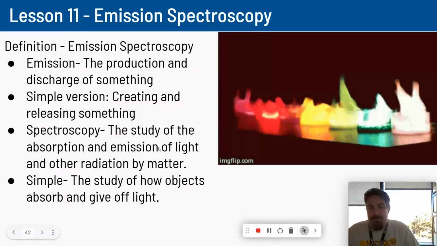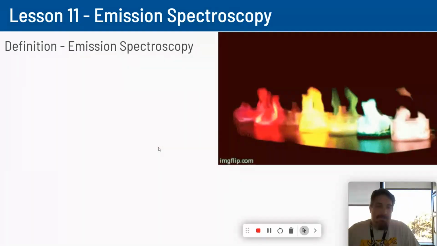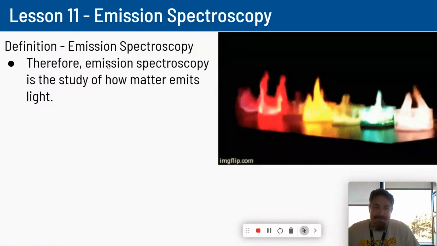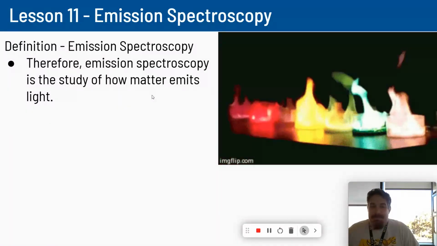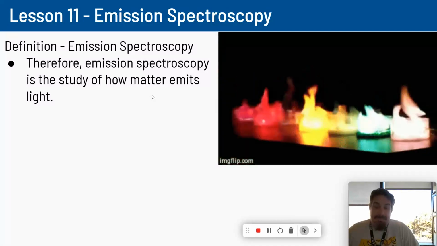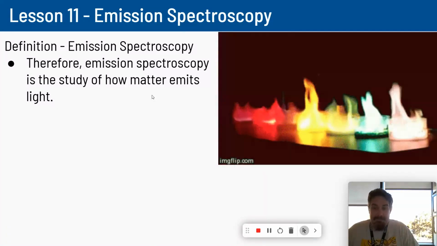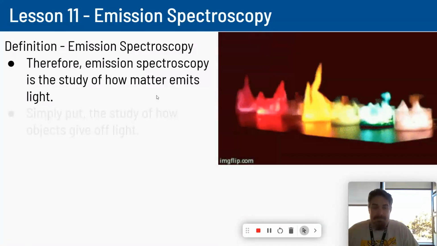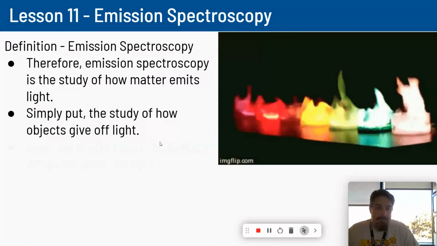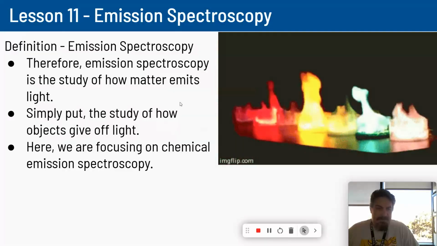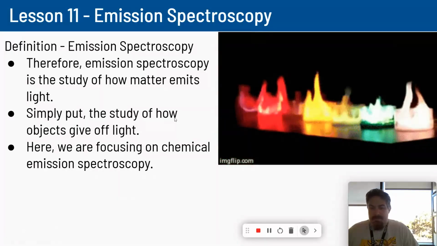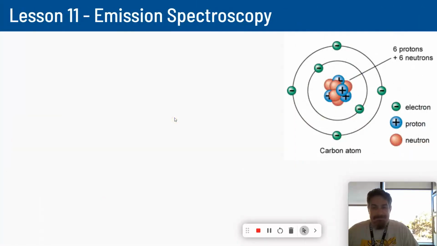That's what we're studying with spectroscopy. Now, therefore, emission spectroscopy is the study of how matter emits light. What we look at is the colors of light that we see, or the kind of light that we see. Okay? And we're focusing on chemical emission spectroscopy, obviously, in our chemistry.